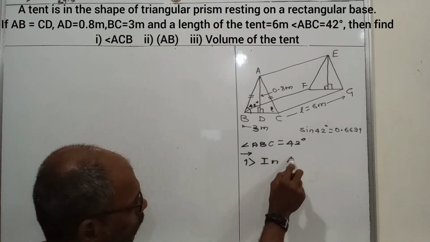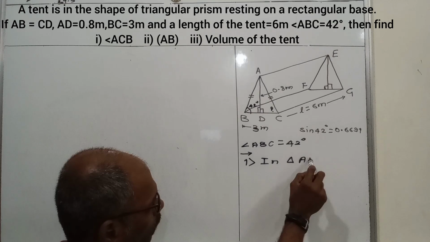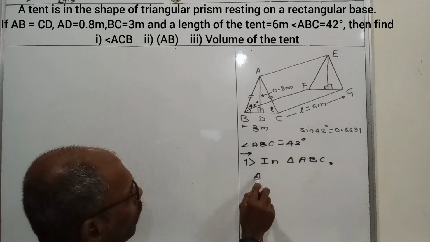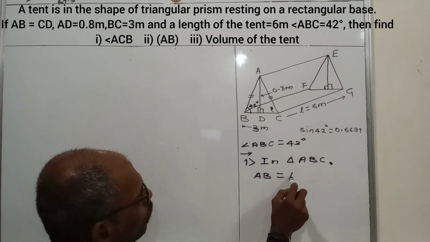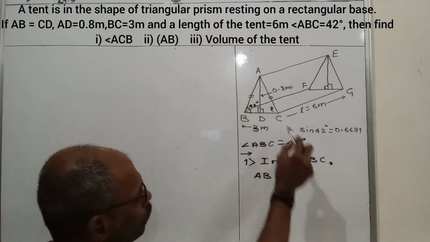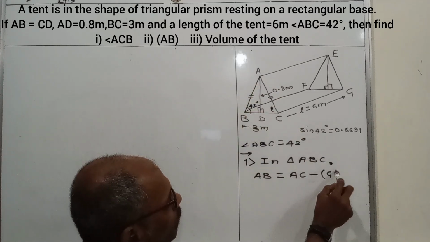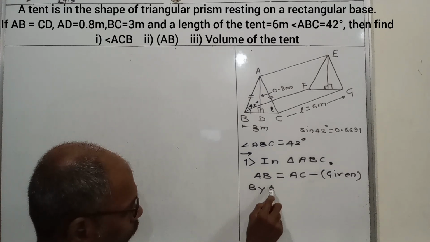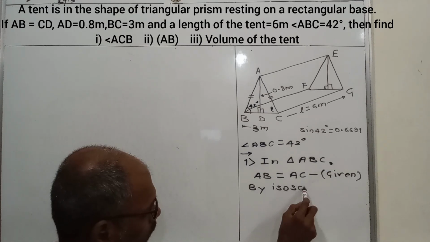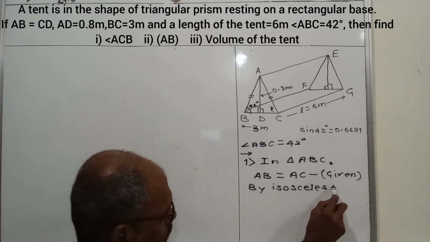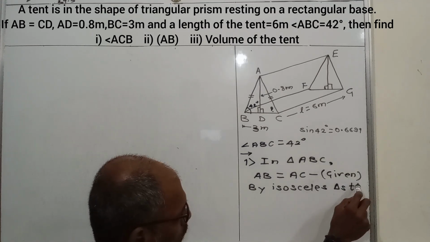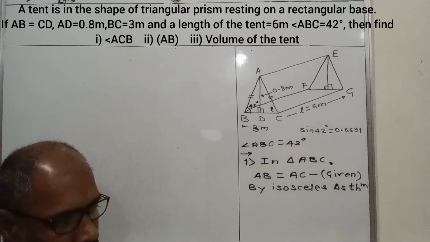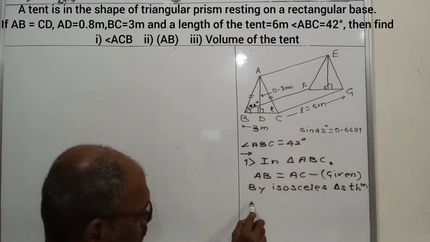In triangle ABC, AB is equal to AC. This is given. Now by the isosceles triangle theorem, if two sides of any given triangle are congruent, then opposite angles are congruent.